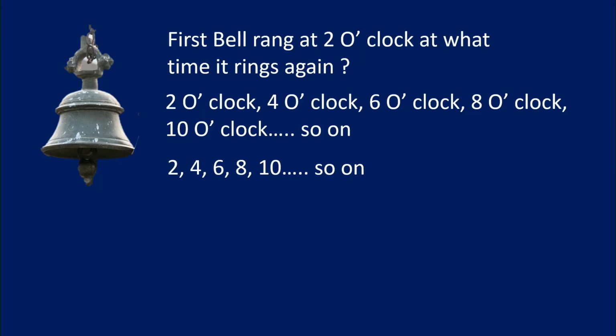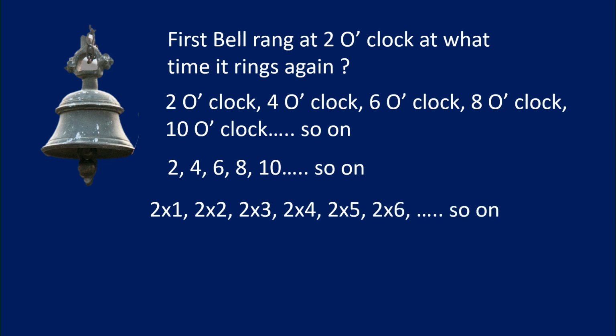Look at these numbers. We can write these numbers 2, 4, 6, 8, 10, 12, 14 like this. We can write these numbers as a product of 2 with natural numbers: 2 into 1, 2 into 2, 2 into 3, 2 into 4, 2 into 5.